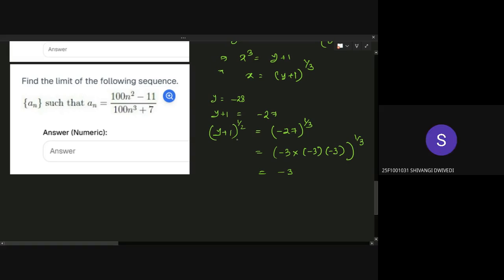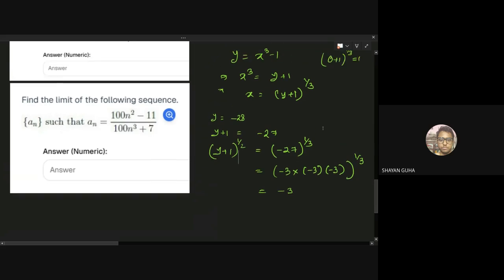Even squares are always positive. Since it is odd, I can easily say that it's defined. That's why I was trying to convince you that it's actually defined for all values of real numbers.